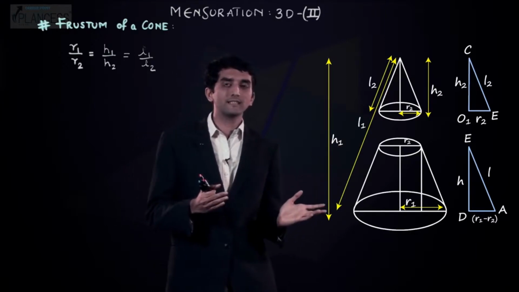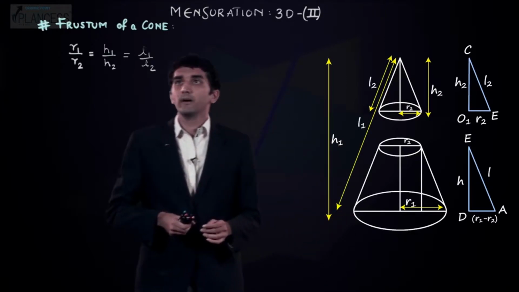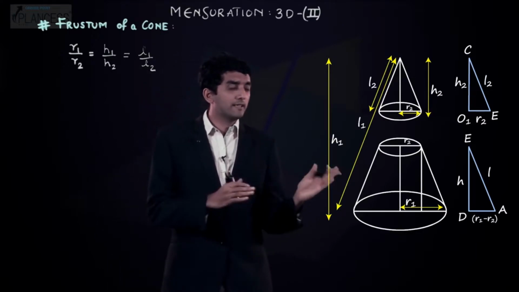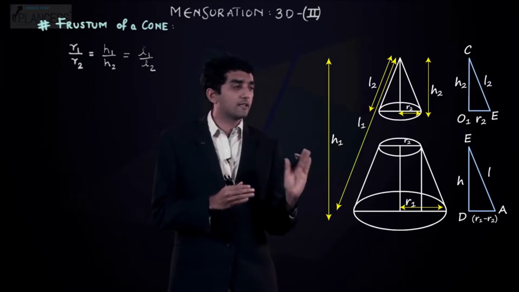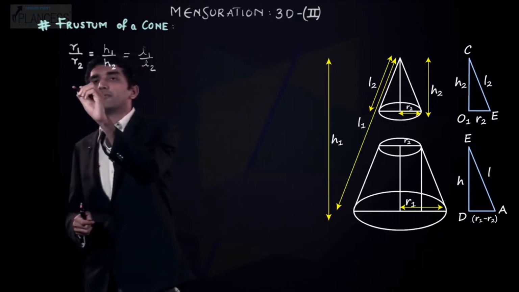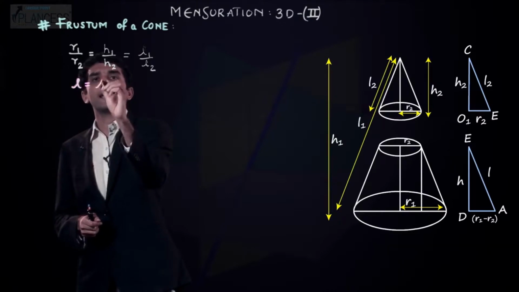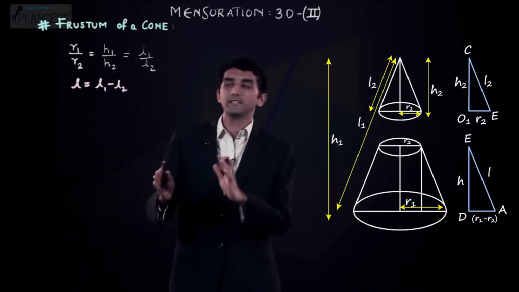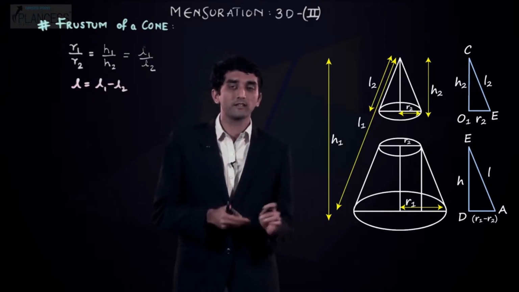So these are the three things that we already know about the frustum. So we can clearly understand from this that the slant height of this particular frustum L is nothing but L1 minus L2. This is one thing that we can directly understand from this.